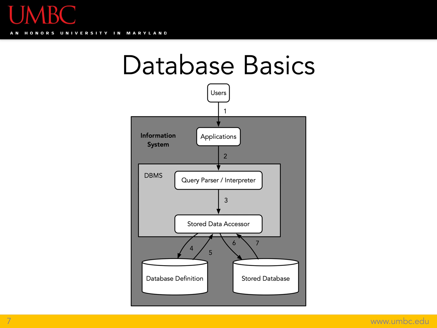The DBMS parses the query, or interprets the query, depending on the particular parser terminology, and then executes it by looking through a store data accessor first for the definition file or the schema file of the database, and then for finding the actual stored data of the database to return a result all the way back to the user.